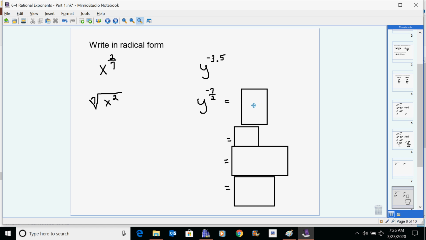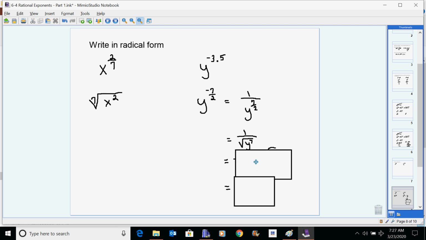Negative exponents means that it's the same as 1 over that thing to a positive exponent. And then you can rewrite that in its radical form. And I have that as the square root of y to the 7th.